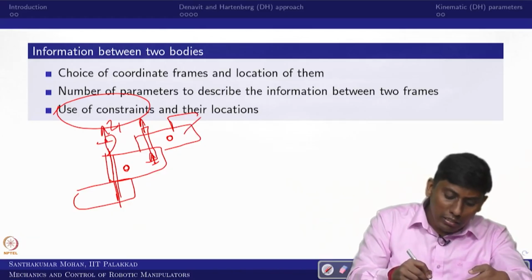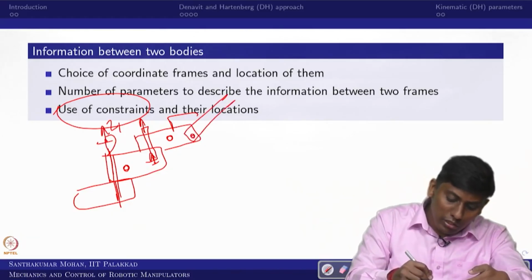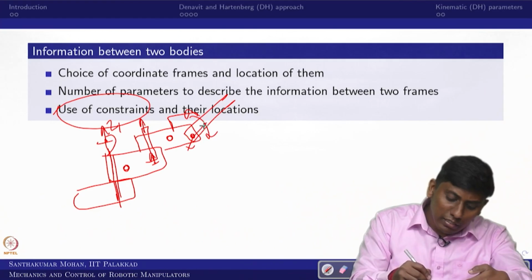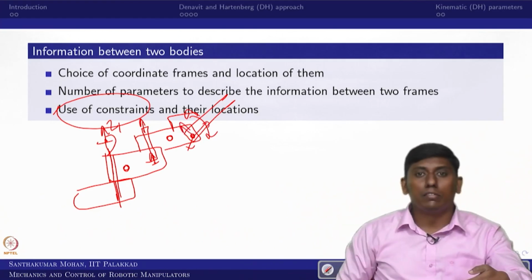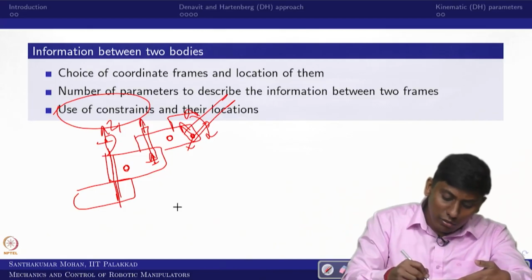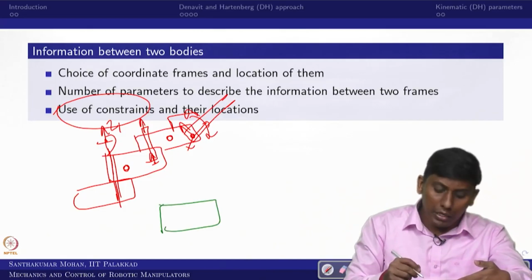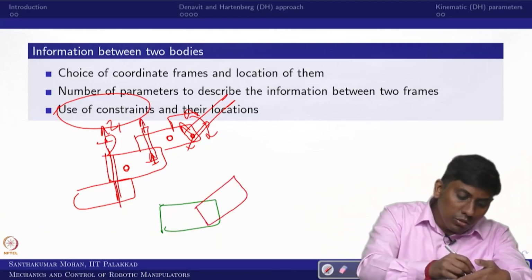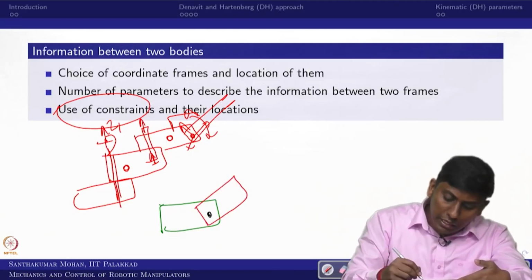For example, there is another link which rotates with respect to this in this form. Now I can keep the coordinate in such a way that I can write this form. In detail, this is one body and this is another body, and these two bodies are rotating.